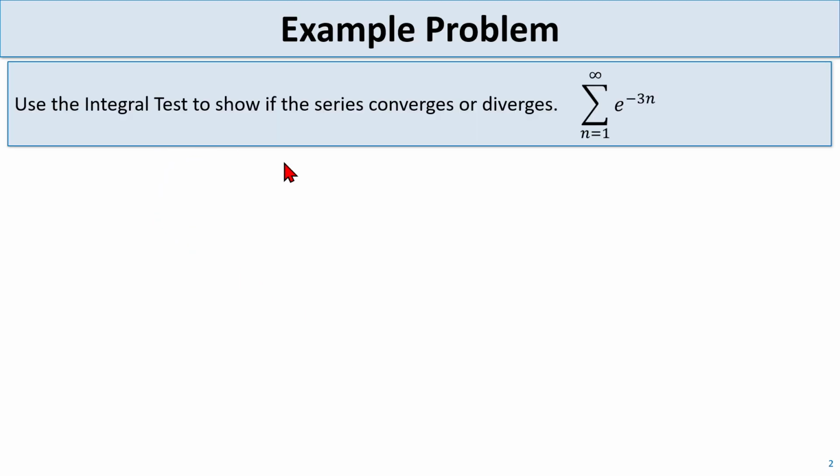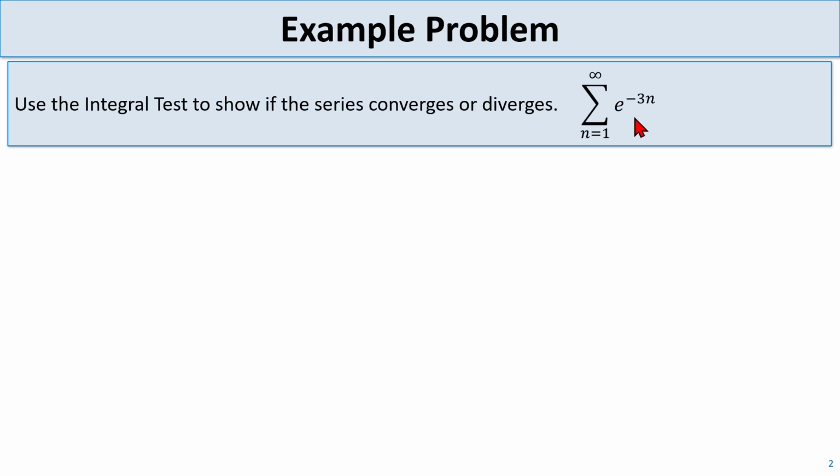So we're going to use the integral test to try and figure out whether this series converges or diverges. It's the sum from n equals 1 to infinity of e to the power negative 3n. Now, just informally, the question of whether a series converges or diverges boils down to how quickly the terms are decreasing.